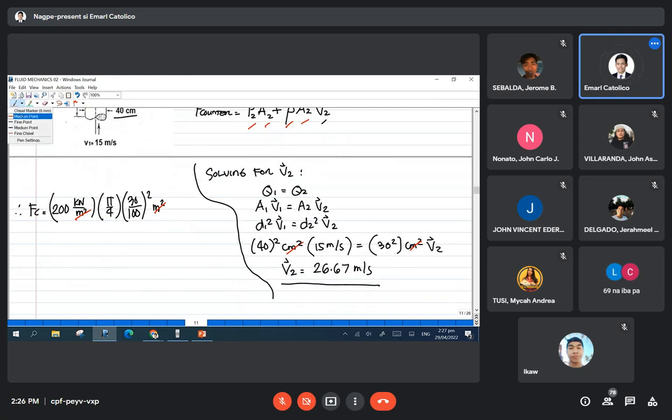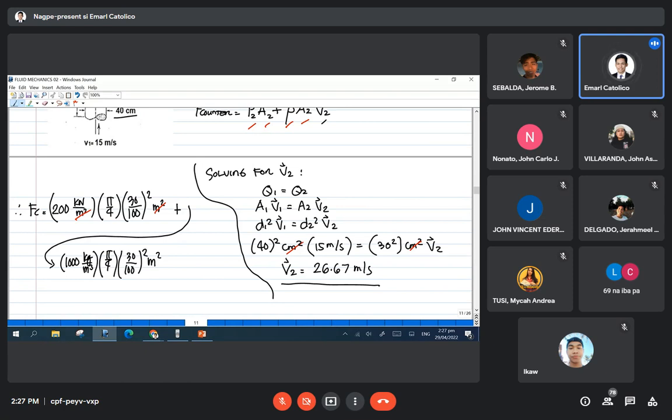Okay. Then plus density of water is 1,000 kilogram per cubic meter. Area natin, area 2, same lang din, no? Pi over 4, 30 over 100 squared, meter squared.